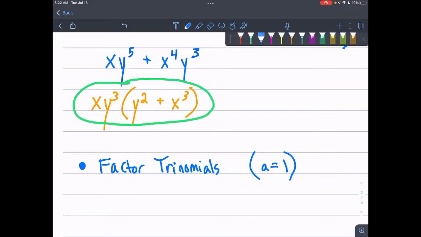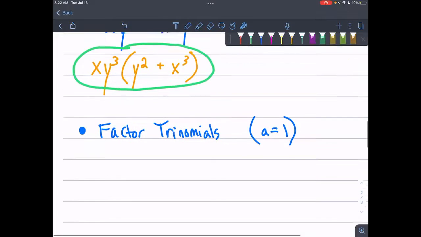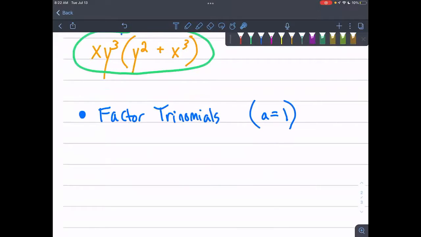Okay, so far we've just been looking at binomials. We had 1 term, 2 terms, so binomials so far. Now we're going to look at trinomials. Trinomials have 3 terms. x squared plus 9x plus 14.